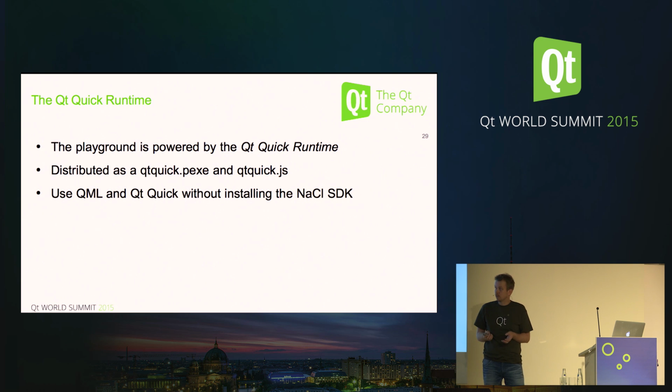And users can be other developers and perhaps end users. So the idea here is that we can lower the barrier to entry for Qt, at least for QML and Qt, and the users can avoid installing the SDK and so on.